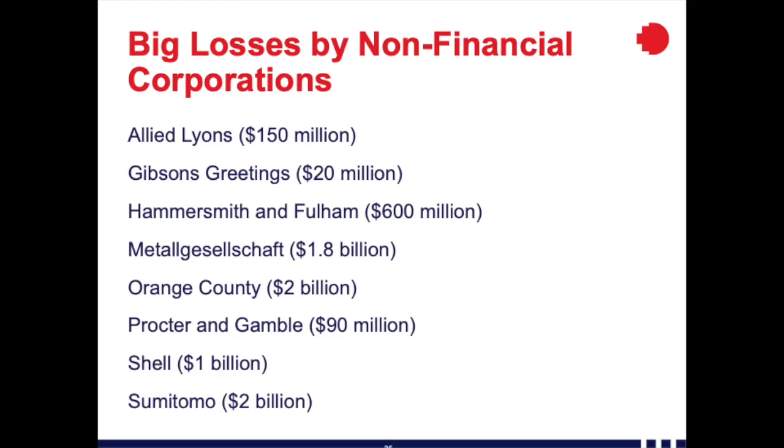Very good examples are the Long-Term Capital Management hedge fund crisis in 1998 and the GFC in 2008. These crises are the result of excessive speculation, when people misuse derivatives.